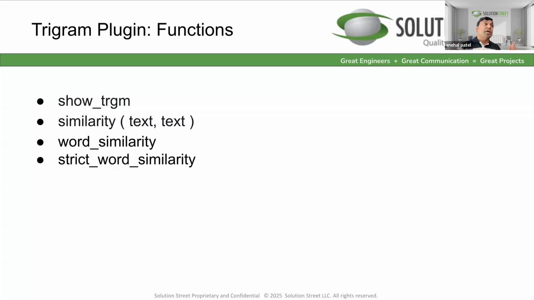Again, this is not actually a substring. Basically, this is at trigram level. So basically, whether the trigrams from the shorter text are continuously appearing in the longer text or not. Based on that, the word similarity is performed. Strict word similarity is for the whole word. So the word similarity doesn't honor the boundaries of the word, while strict word honors the boundary where we want to match the whole word from a short text to longer text.